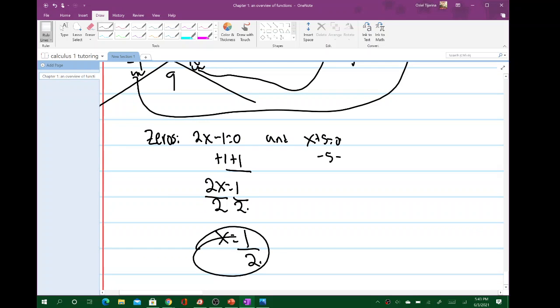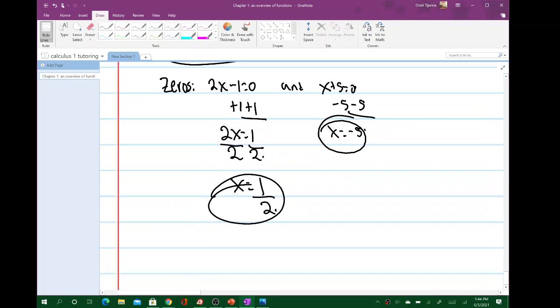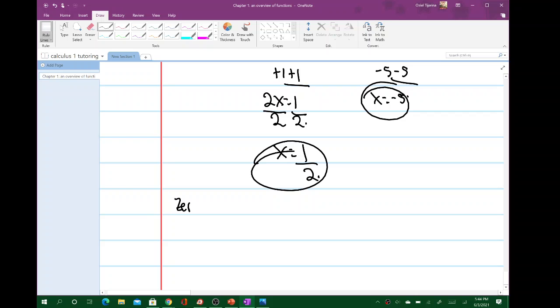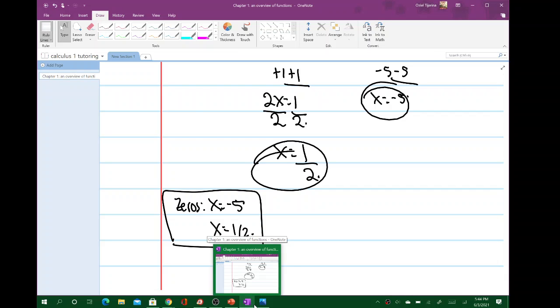And then for the other, x equals -5. So this would be another zero. So the zeros are as follows: x equals -5 and x equals 1/2, excuse me.